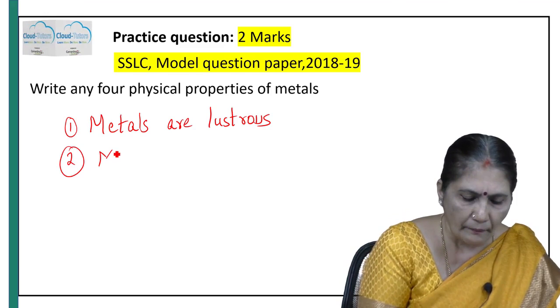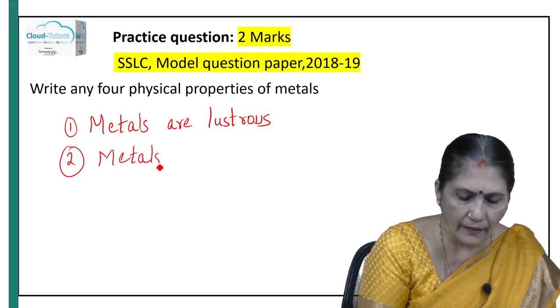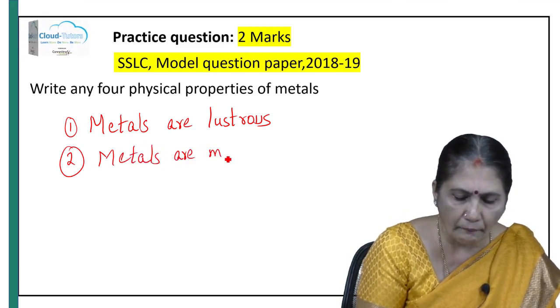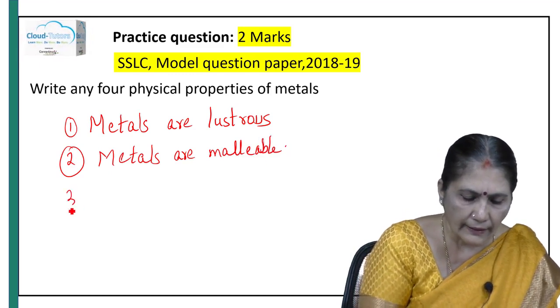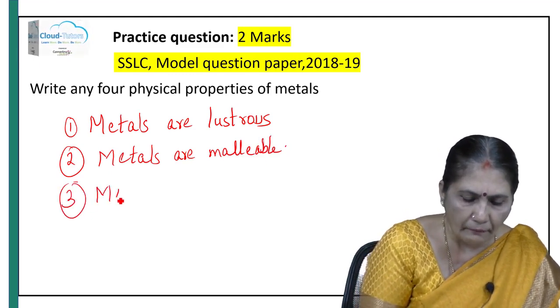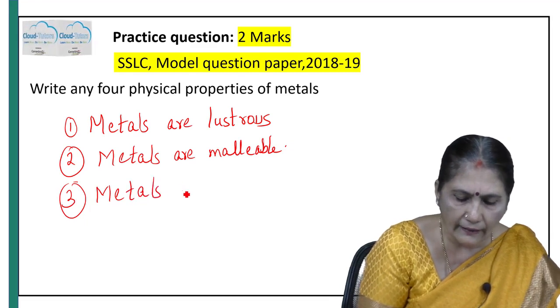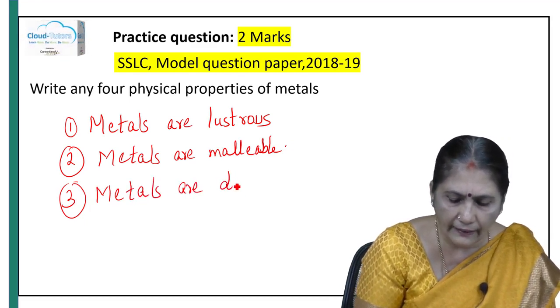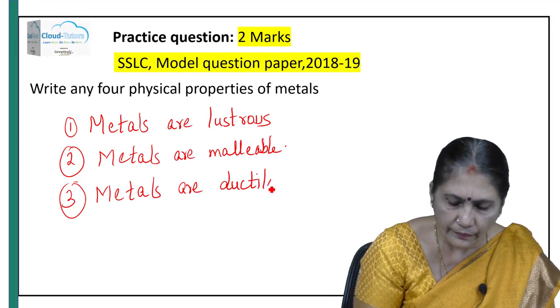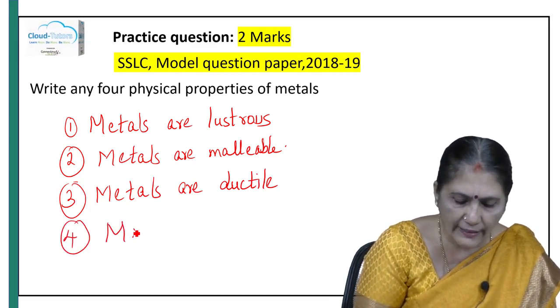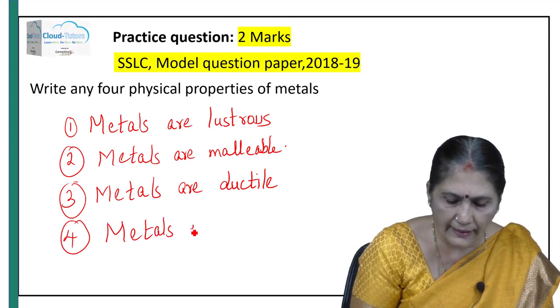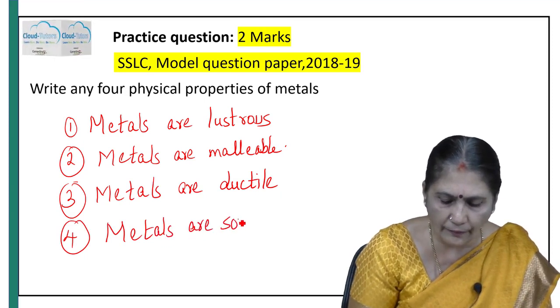Next, metals are malleable. Third property, metals are ductile. Metals are sonorous.